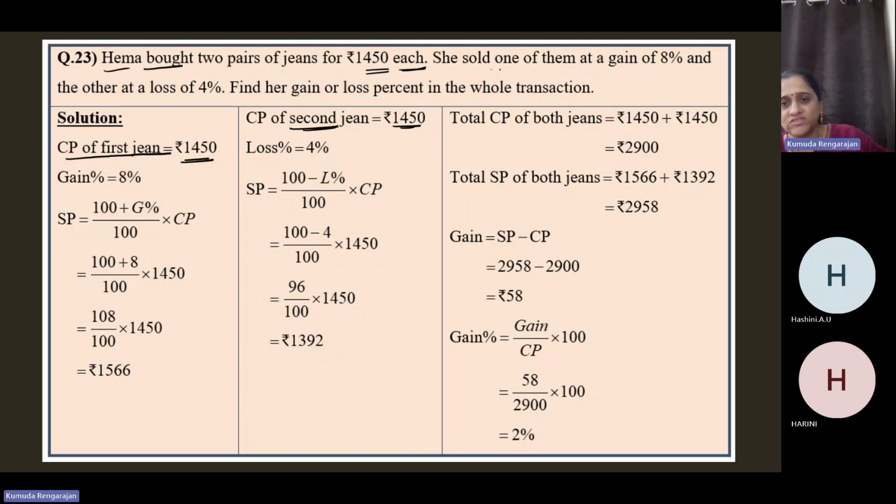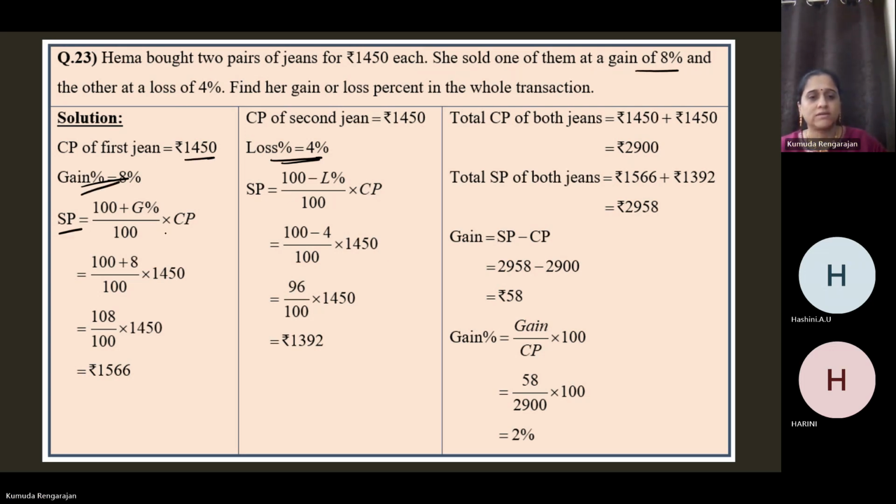She sold the first one at a gain of 8% and the second one at a loss of 4%. So using CP and gain percent, find SP using the formula.